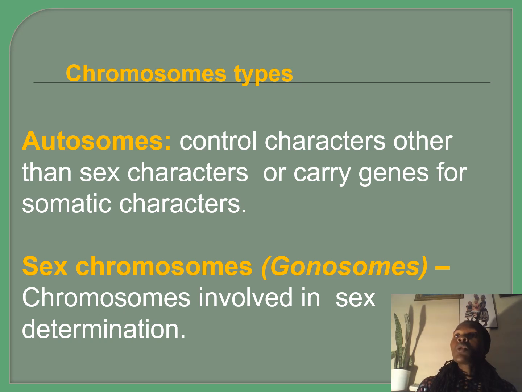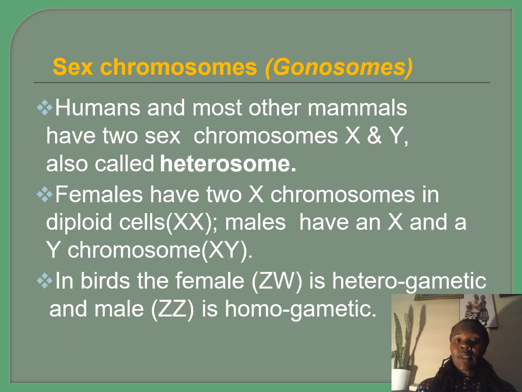So autosomes only control a phenotype, a trait. They carry genes for somatic characters. Then we have the sex chromosomes, which are involved in sex determination. Just as I've mentioned, in humans we have XY for the males, and the females have XX. The sex chromosomes are also known as the gonosomes.